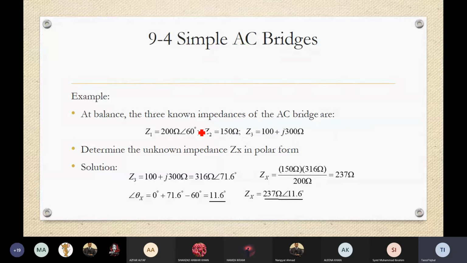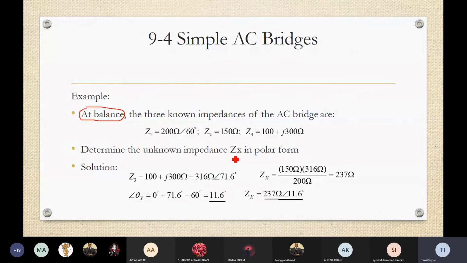So we have three known impedances, Z1, Z2, and Z3, and we can find the fourth unknown impedance, and we are considering that the bridge is at balance. So there is no current flow within the detector, within the galvanometer.